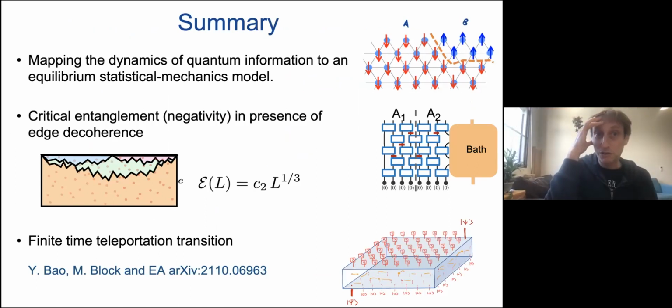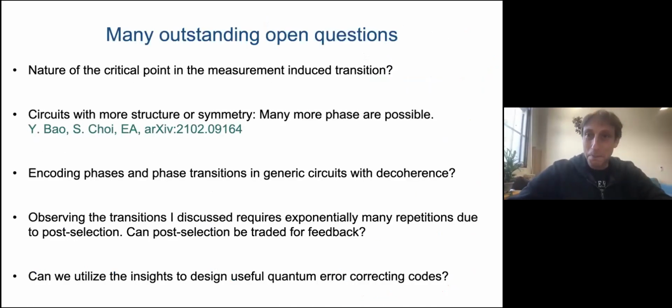So I showed you how to map the dynamics of quantum information to an equilibrium statistical mechanics model. This allows us to predict interesting new phenomena like critical entanglement in the presence of edge decoherence and a finite time teleportation phase transition. And there are many outstanding open questions. What is the nature of the critical point?